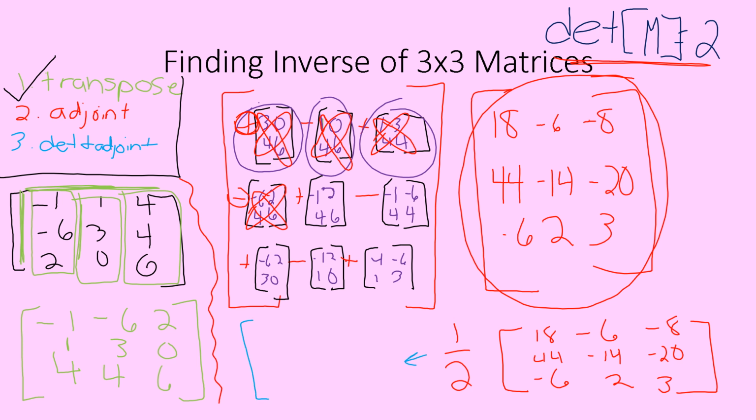And that is 9, negative 3, negative 4, 22, negative 7, negative 10, negative 3, 1, and 3 over 2. And that is going to be your final answer.